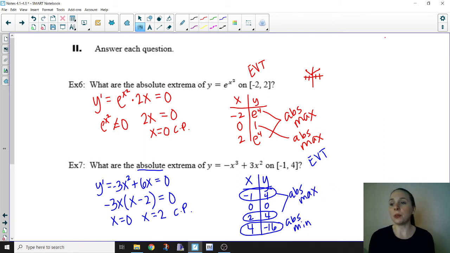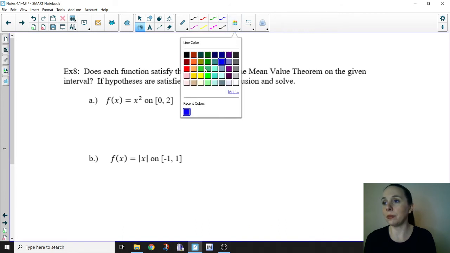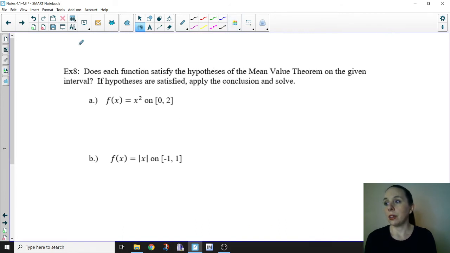Okay, so that was just a little bit of practice with finding absolute extrema, where you apply the extreme value theorem. Next, let's talk about MVT, the mean value theorem. Notice that this time the example specifically references that theorem. Does each function satisfy the hypotheses of the mean value theorem on the given interval?